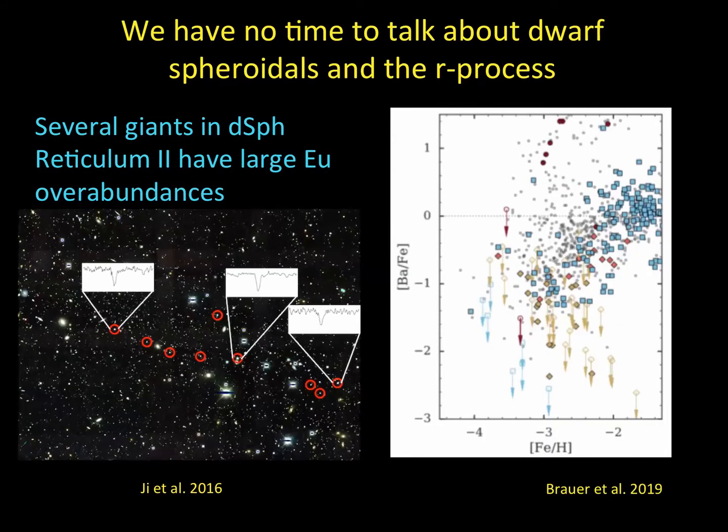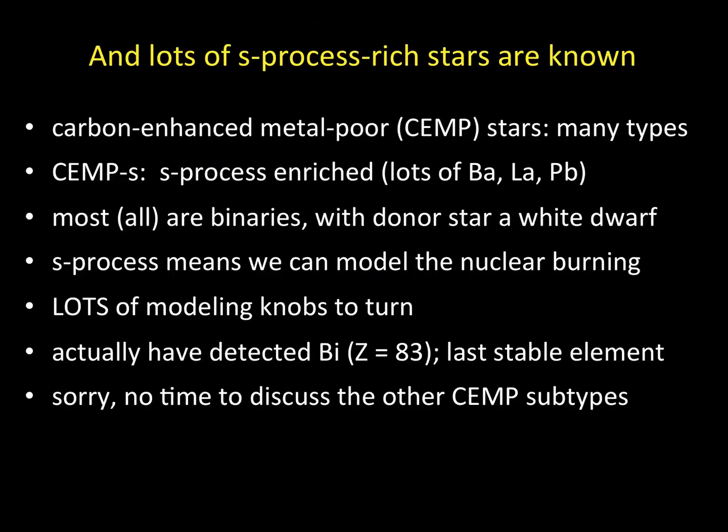I finally just have to breeze by this. Simply a reminder that R process rich stars have been found in nearby dwarf spheroidals, several inside Reticulum II too. Cescutti et al., Brauer et al., people like that. I don't have time to do this, but this was happening in other galaxies.